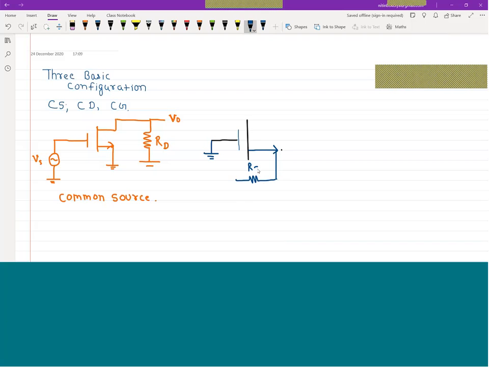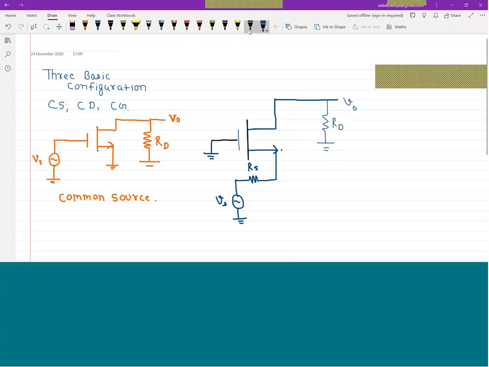A voltage at the source terminal, Vs. This is RD and this is Vout.